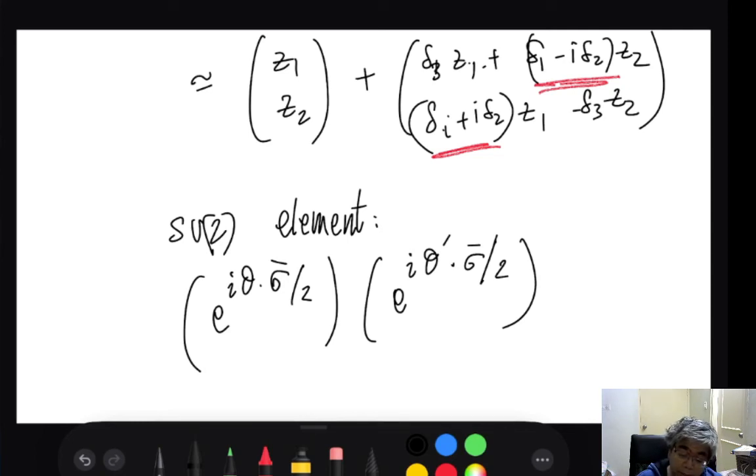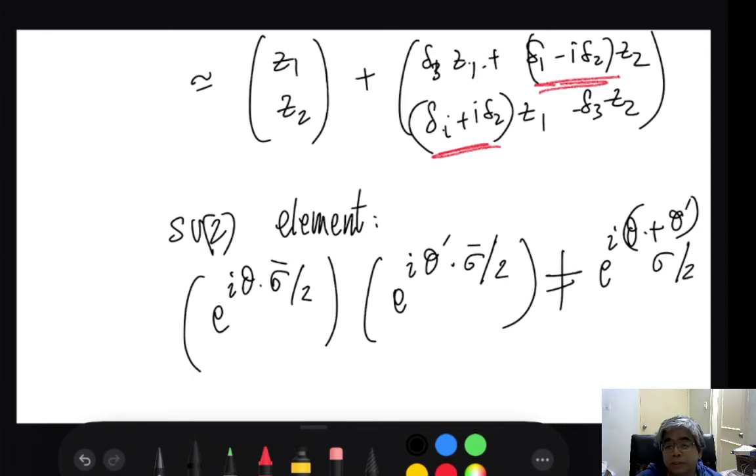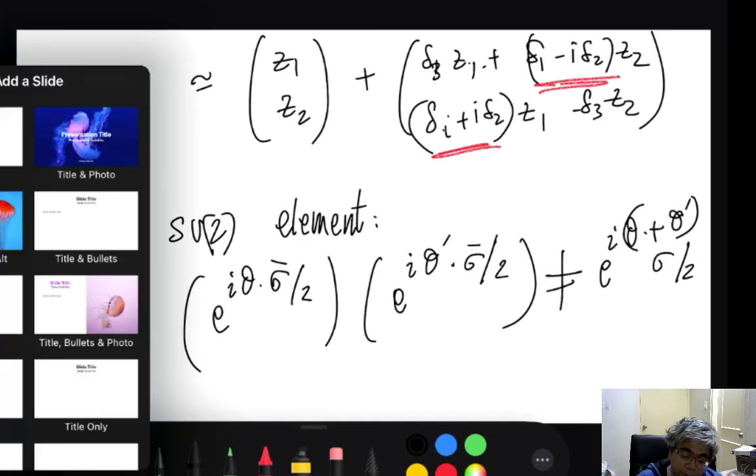This actually is not equal to e power i theta plus theta prime dot sigma by 2. So this is not a commutative relation. You have to use something called the Baker-Campbell-Hausdorff formula.